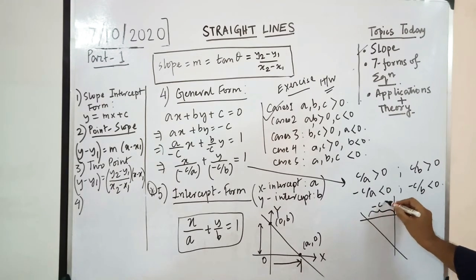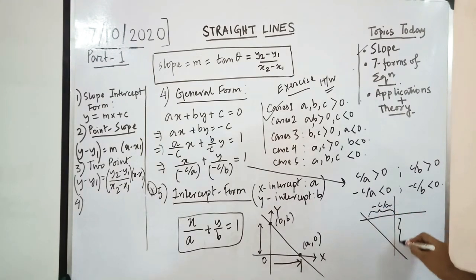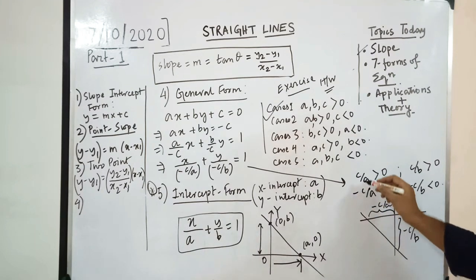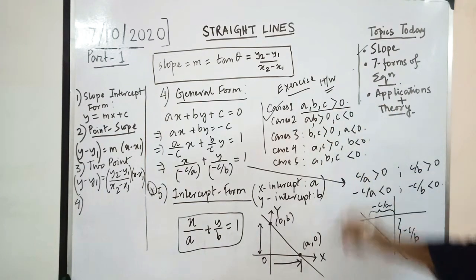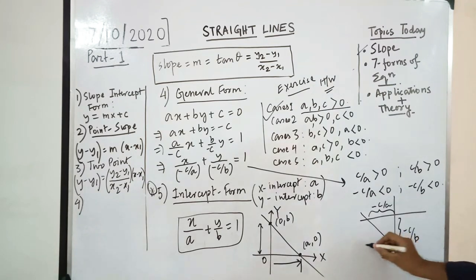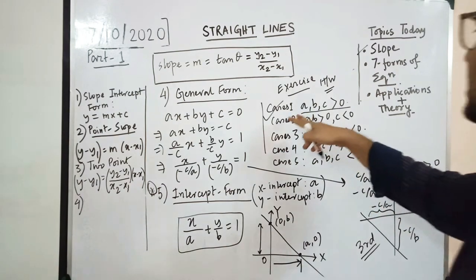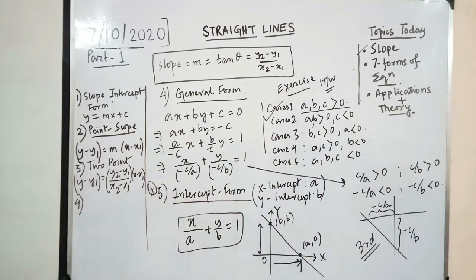This is minus c by a, and this is also negative, this is minus c by b. So this straight line, when a, b, c all are positive, will look like this. It will come in the third quadrant. So this is how you have to draw case 2, 3, 4, 5. Treat this as a homework or an exercise.